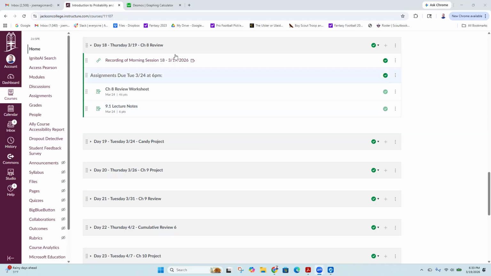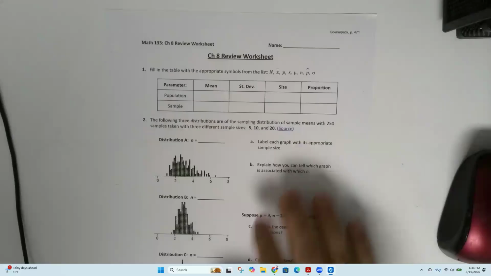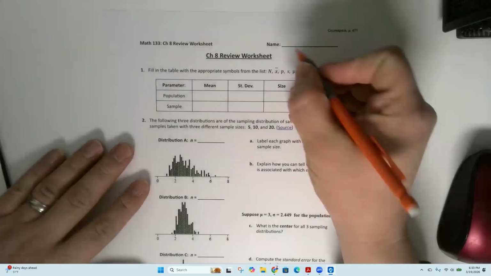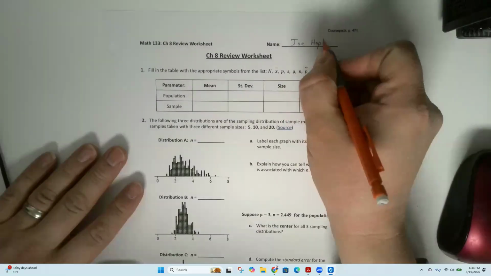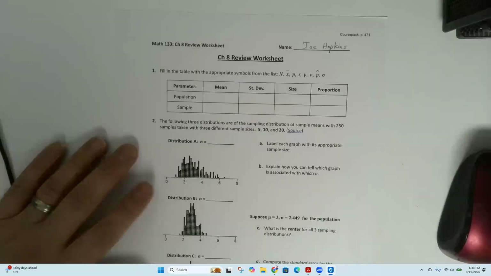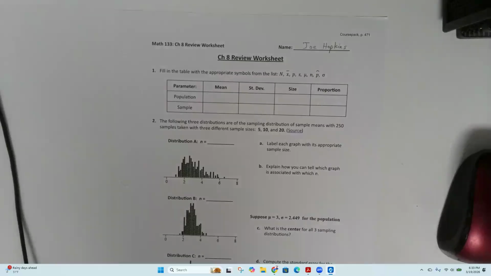So yeah, we're doing the whole review today. Page 471. Okay. Just like any of our worksheets, I'll give you some hints, skip over some of the ones that I think are a little easier, and then we'll go back and we'll make sure we fill in all the answers.